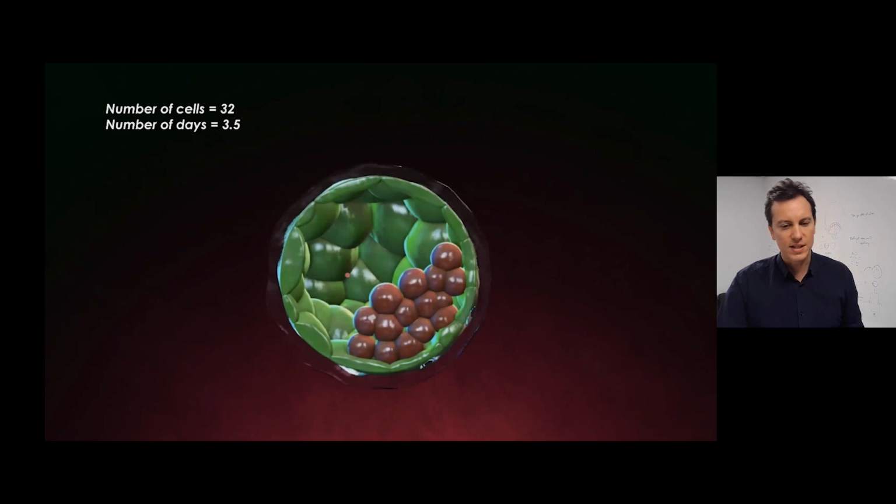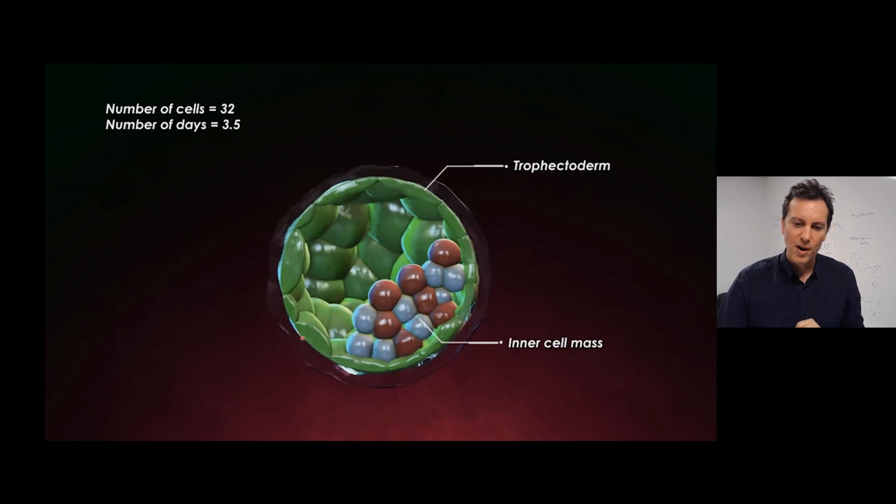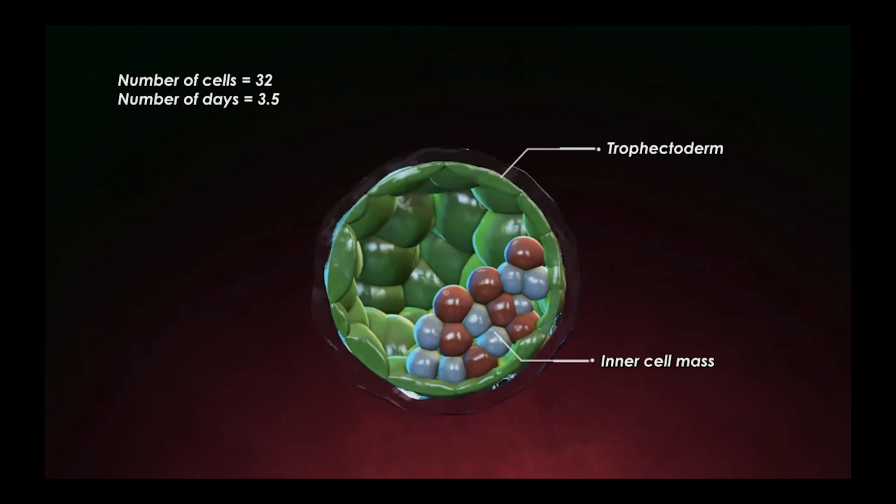And once this first lineage segregation has occurred, the structure can form this blastocyst, which is our stage of interest, which is formed with a fluid-filled cavity that you can see here, that is surrounded by an epithelium of trophoblast, and that shelters this inner cell mass.